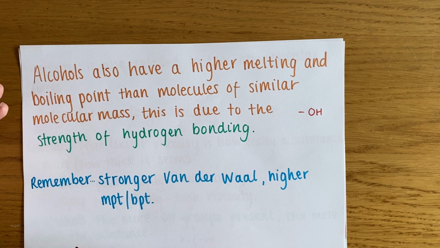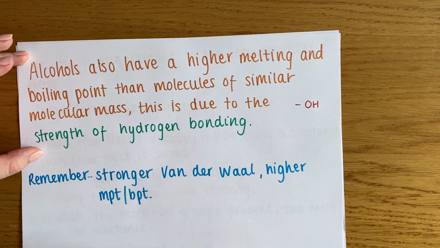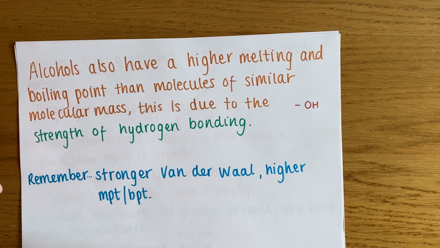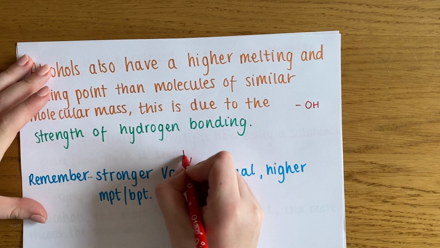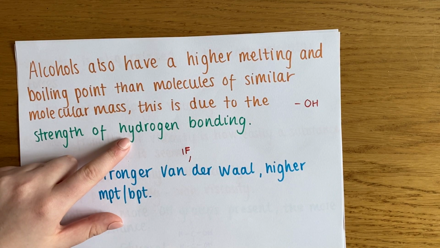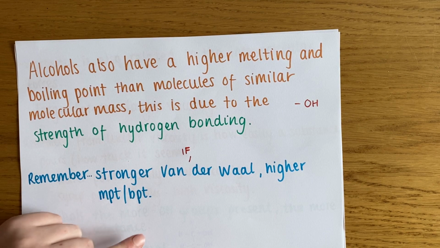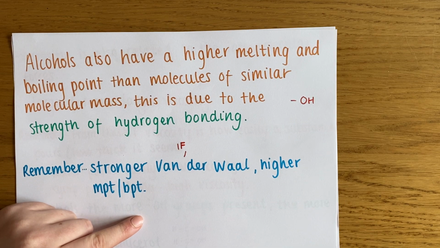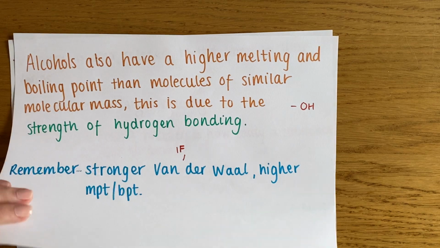Okay, so you need to remember that hydrogen bonding is your strongest type of intermolecular bonding. Okay, and the stronger the van der Waals or intermolecular force, I'll just put IF, the higher the melting and boiling point. So here we've got a strong intermolecular force, a strong van der Waals, therefore of molecules of similar molecular mass, your melting and boiling points are going to be increased.